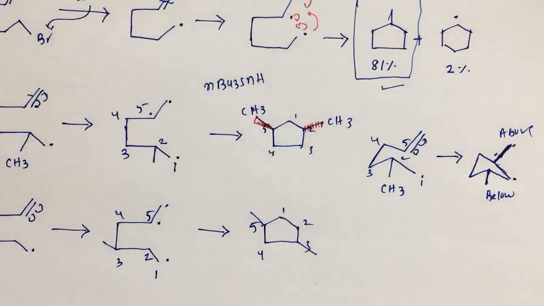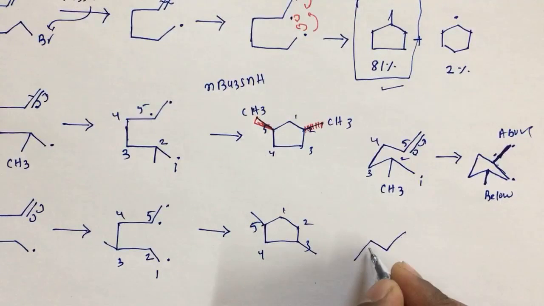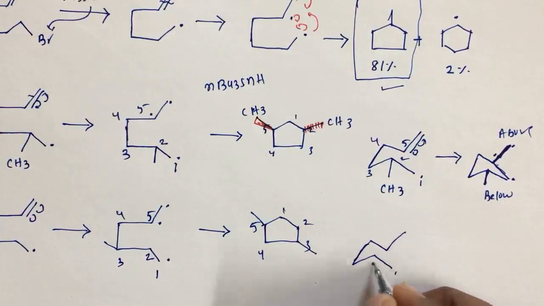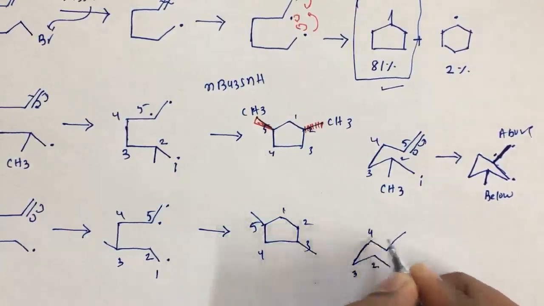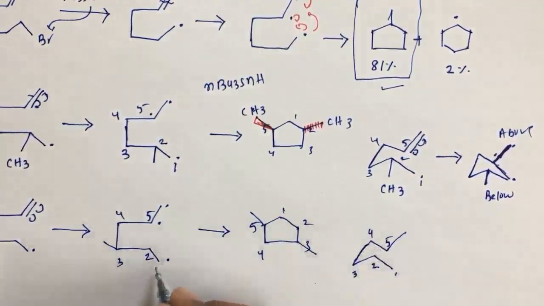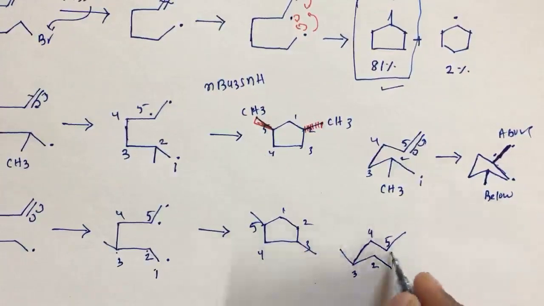And similarly, here also, like this, 1 2 3 4 5. So at the third carbon, the methyl group is above the plane, and now these two are forming a bond, right?